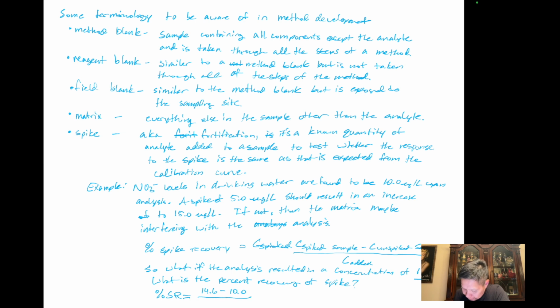All that is divided by the amount that was added, the spike added, and that was 5.0 micrograms per liter. I forgot to do the multiplication here, so I'll just do this. There we go. Multiply that by 100, and what we get is 92%. So that means that we had a spike recovery percentage of 92%, right?